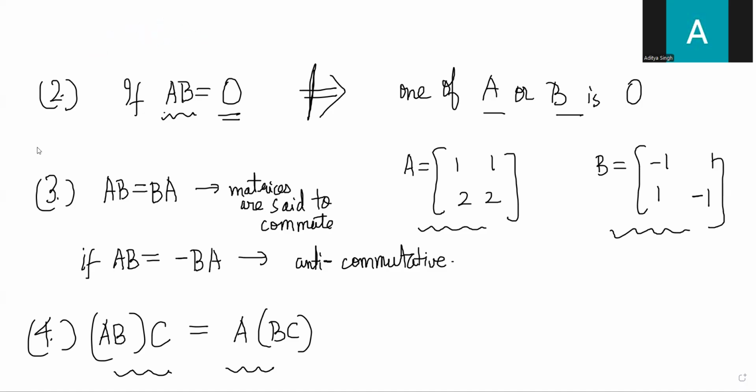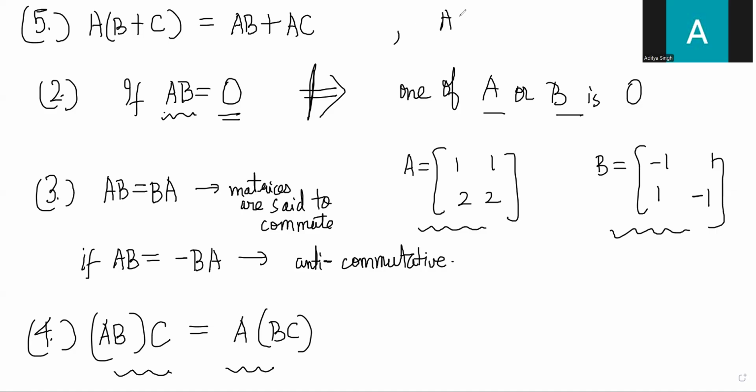What is the distributive property? Tell me. A into B plus C is equal to AB plus AC. And also you can write it as A plus B times C will be equal to AC plus BC. Right? This is the distributive property.